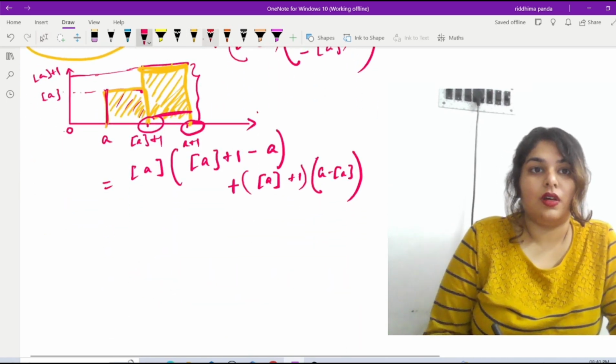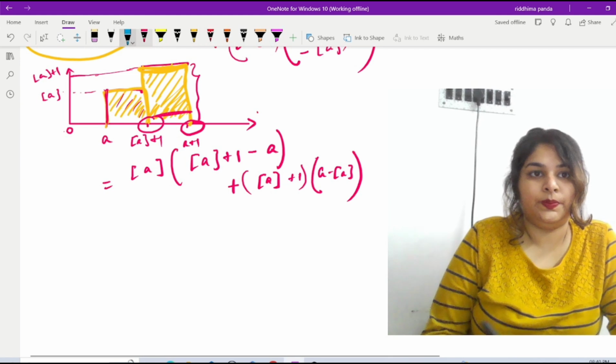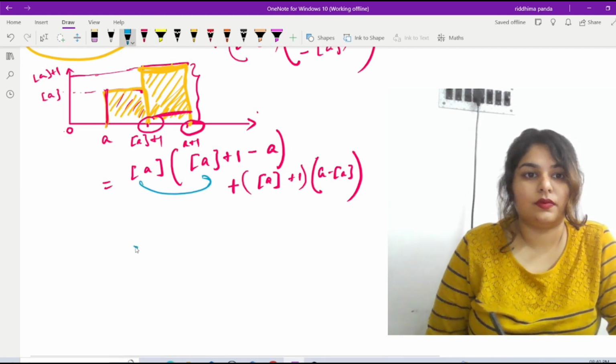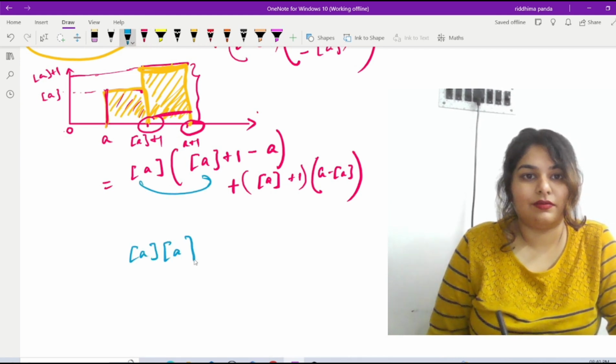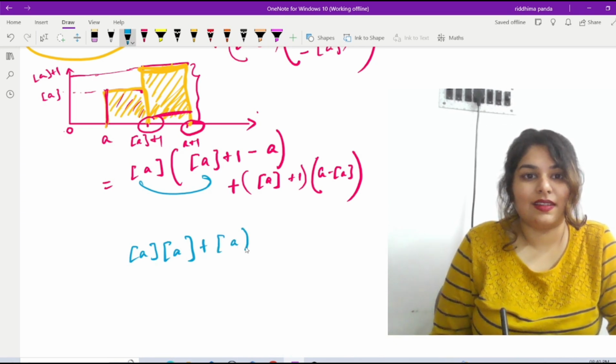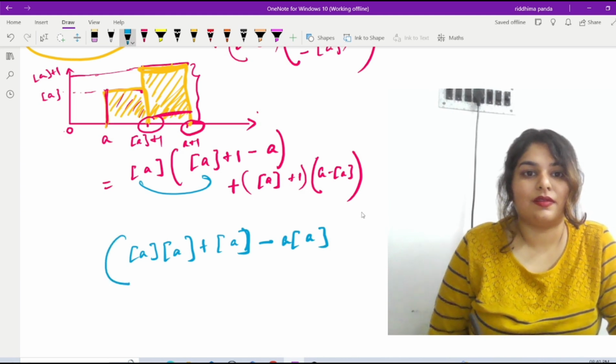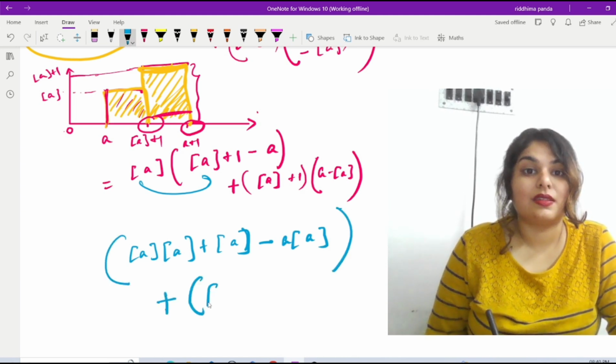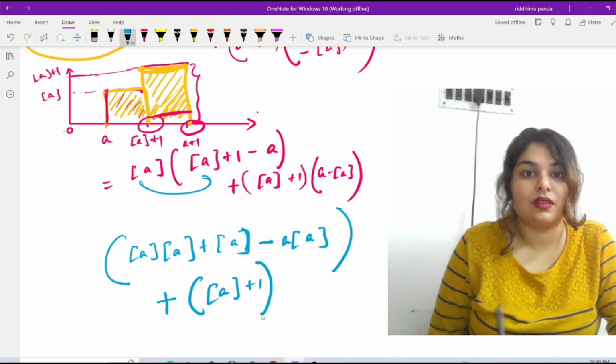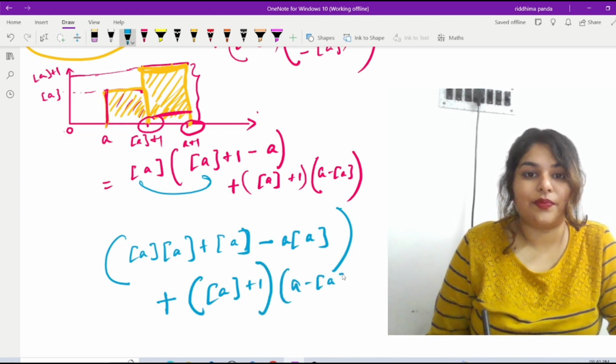Let us solve and find out the answer. So let us multiply: a into a plus a minus a into a, plus a plus 1 into a minus a.